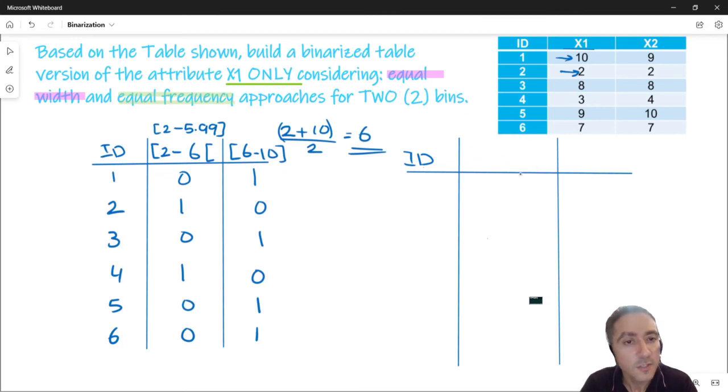So this one should be the small range. This is the big range. But again, we're not sure what the range should be for the first or second. But we are aware that 3 go here, 3 there. Let me just put the ID for each object.